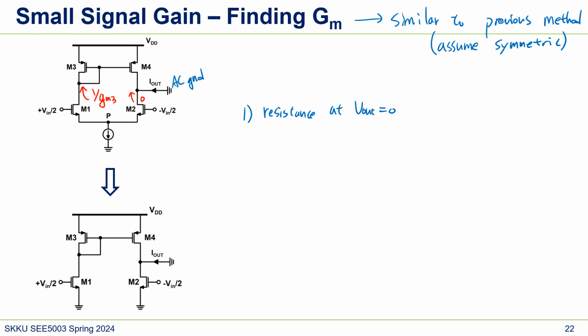So the resistance at Vout is 0 because we connected to AC ground. And then what about the resistance at node X? That's 1 over GM3. Here what we can interpret is that 1 over GM3 is very small.